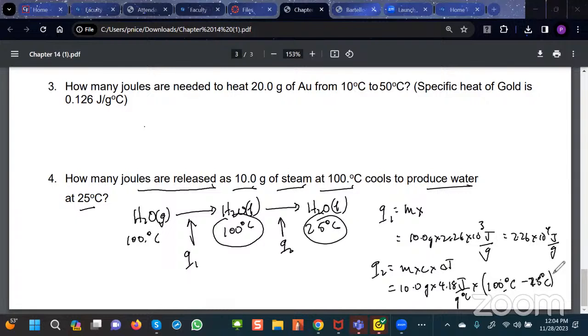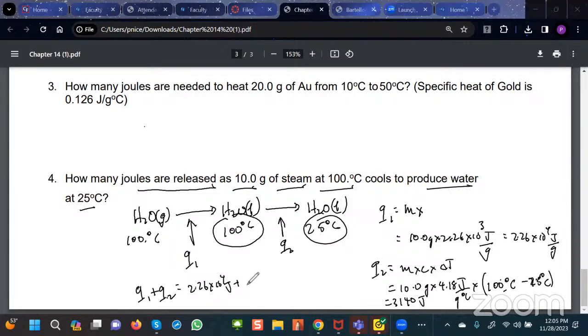So according to my calculation, this works out to be equal to 3,140 joules.